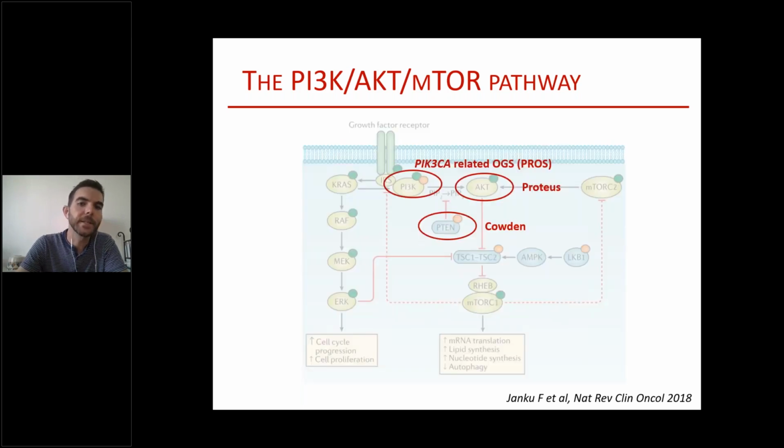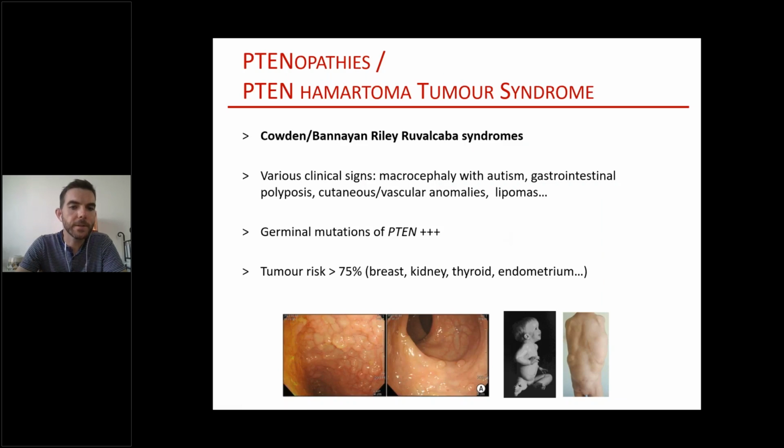But more recently, mutations in this pathway have been implicated in some segmental overgrowth conditions that have been called PROS, for PIK3CA related overgrowth syndrome, but also in Proteus syndrome or in Cowden syndrome. So I will first talk about anomalies of the PTEN that have been identified in Cowden syndrome.